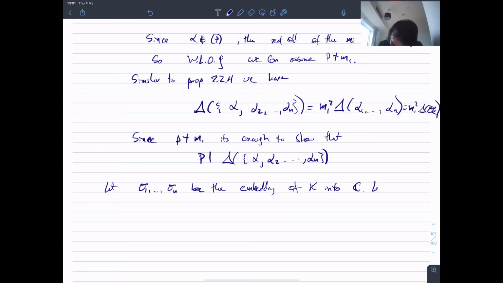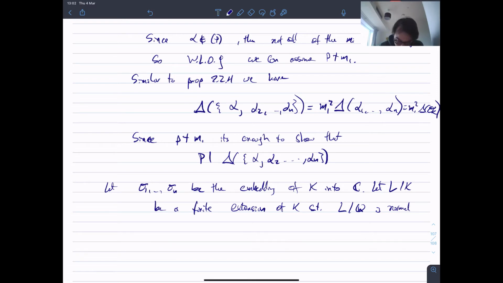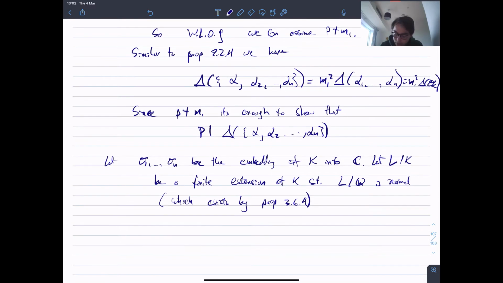So I'm going to let L over K be a finite extension such that L over Q is normal, which I'll remind you exists by proposition 3.6.4. I showed you I could always make my field a little bit bigger. And I'm going to let G be the Galois group of this normal field.